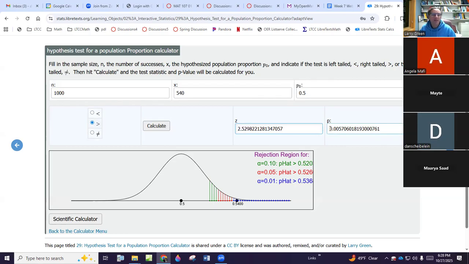P, this gets a little confusing because the letter P is used for a lot of things. This P is called the p-value. And what it means is the probability that if H naught is true, and we did a study of 1,000 adults.